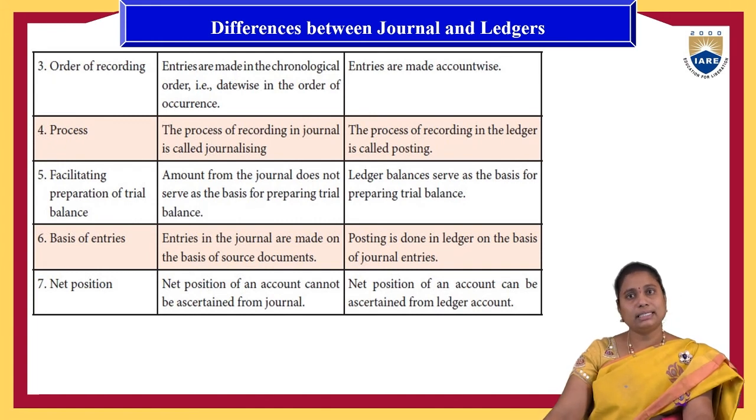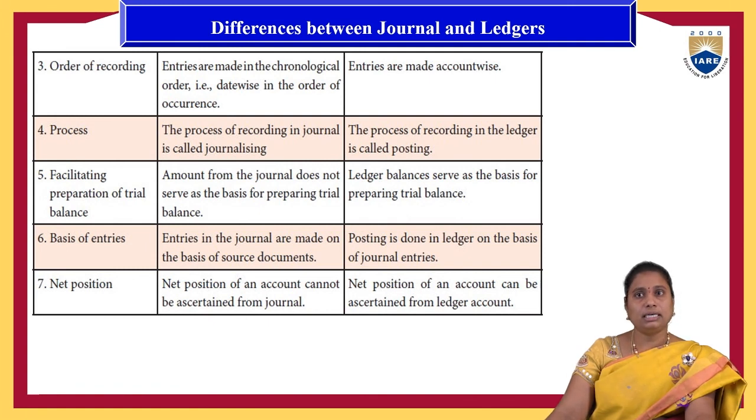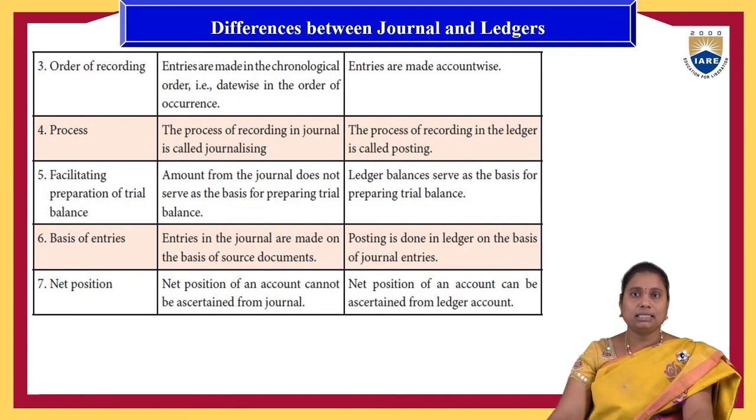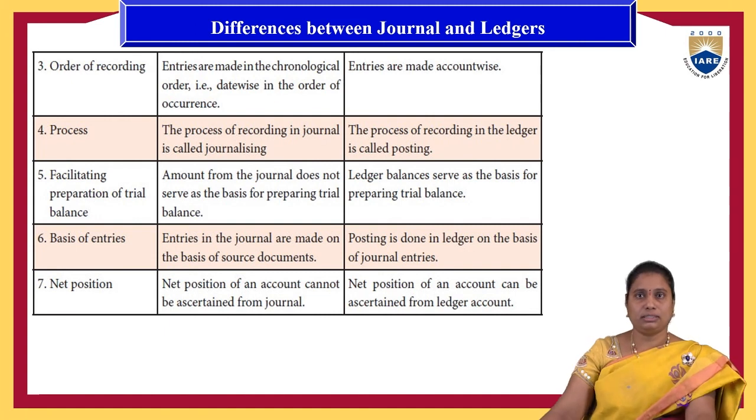Once the journal is there, it is easy to prepare the ledger account. The net position of accounts cannot be ascertained with the journal, because daily they are writing, and one thing is not taken into consideration. In the ledger, they take everything on a separate entity basis, so it is very easy to ascertain the net position of any element or transaction of the organization.